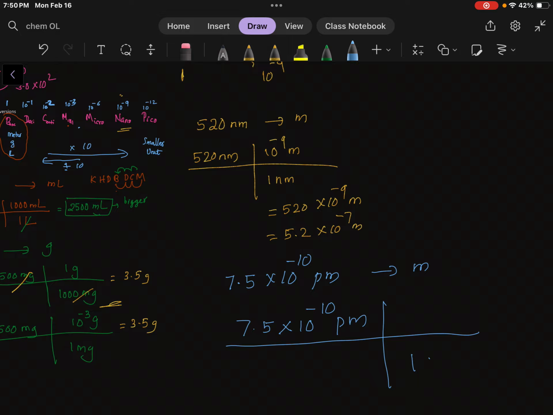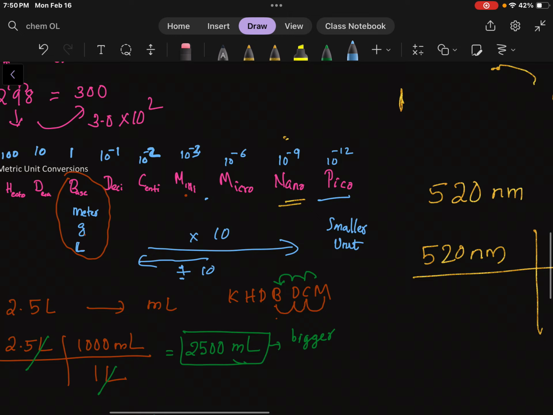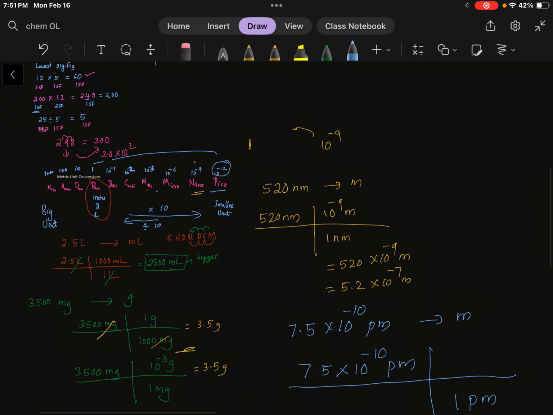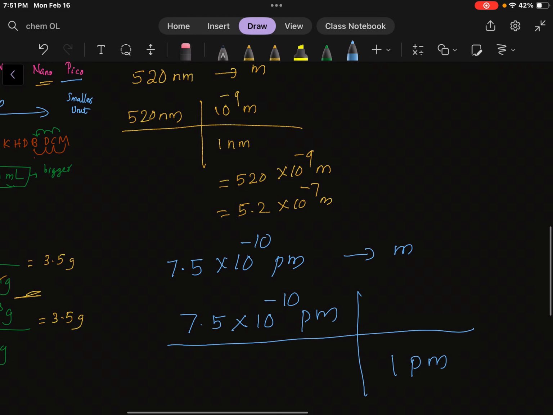Then you will write 1 picometer. See, picometer is here and you can see the number there. I wrote it for you and you are going to convert from back here. So you are going backwards forward this time, so you are going to write 1.